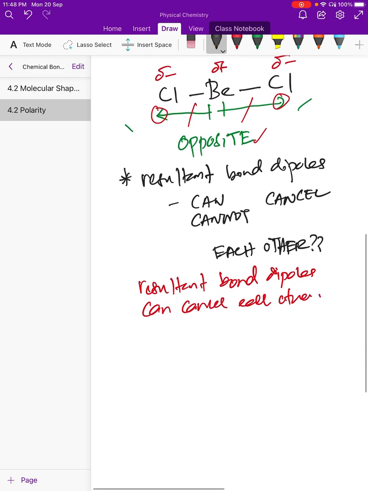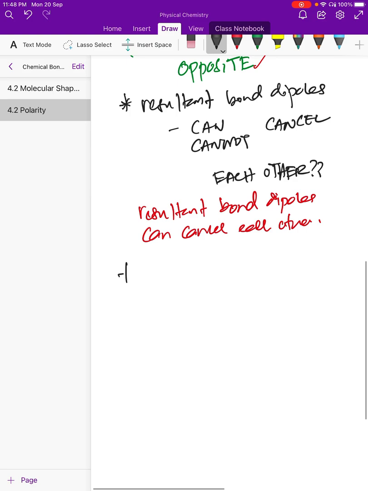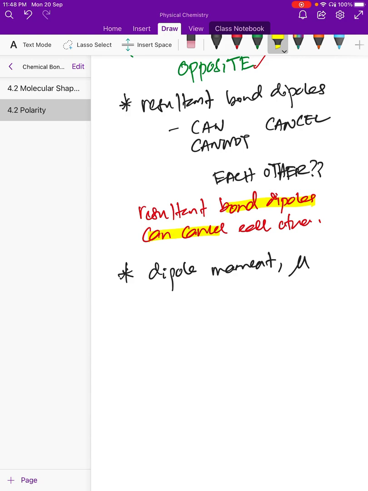The following point, we have to mention about dipole moment, for which we use the symbol mu. So when the bond dipoles can cancel each other, our conclusion, mu equals 0. The dipole moment equals 0.